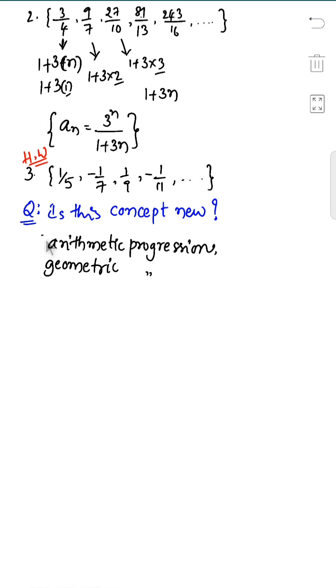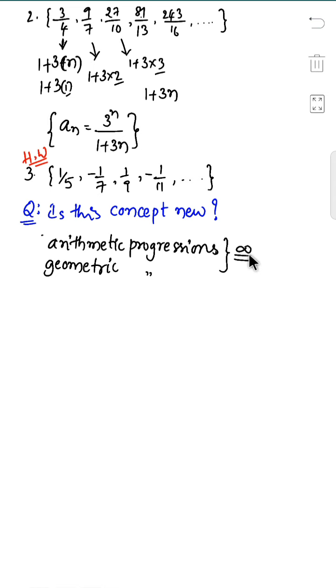There are many kinds of progressions, and these two we studied widely. Normally progressions can have finite terms also.